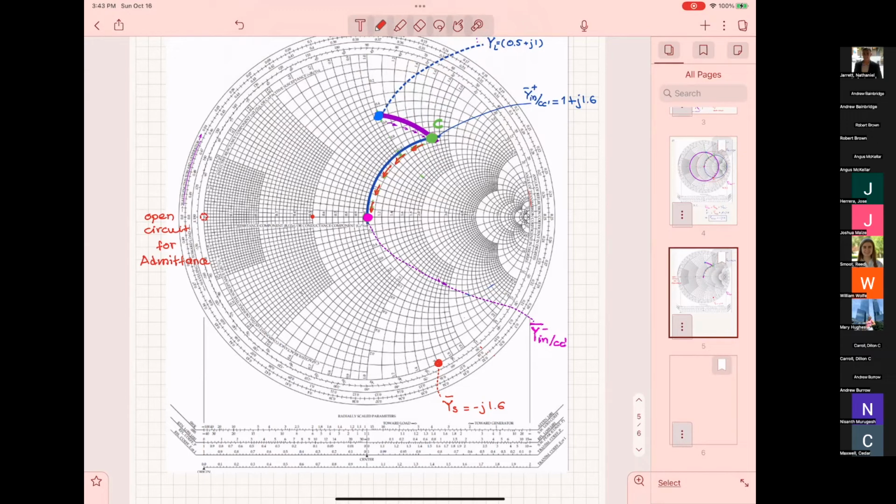What is the admittance of a short? Impedance 0, admittance infinity. Yes. A short gives us infinite admittance. So in admittance form, that's a short circuit.